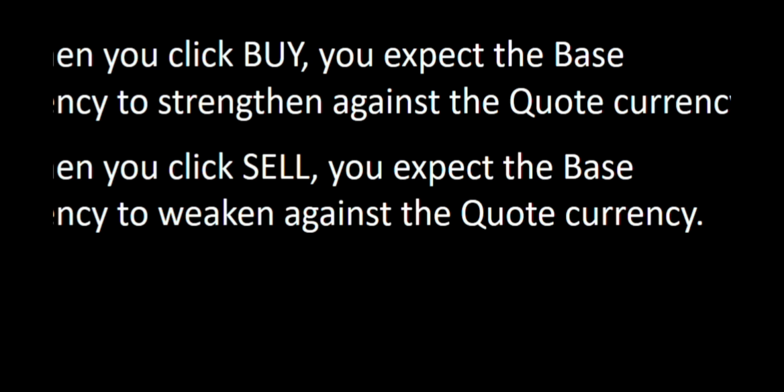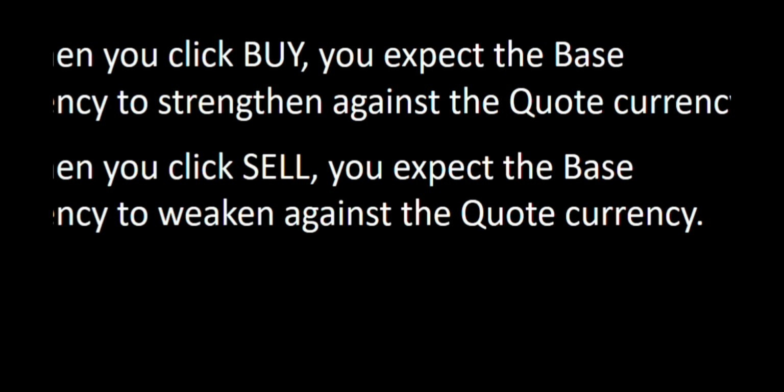So, trading rule of thumb: when you feel that a particular country's economy is bad, it makes you feel like it's weakening against the other. When you feel that it's strengthening, it makes you feel like it's going to do better against the other. So when you click buy, you expect the base currency to strengthen against the quote currency.